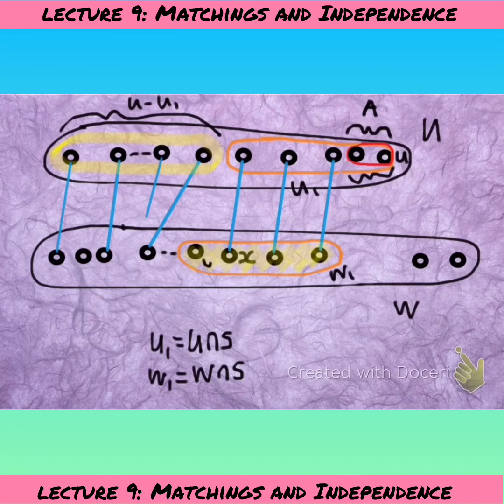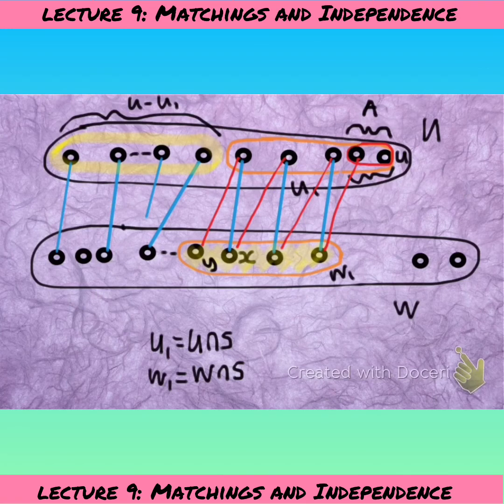Right, so let's say there's a vertex Y in W1 that's not matched. Okay, so therefore you can find an alternating path from some U in A that goes like that. It goes down, then with blue up, then it goes down, then it goes up with blue, then it goes down, then it goes up with blue, and then it comes down like that. And that is an M alternating path.